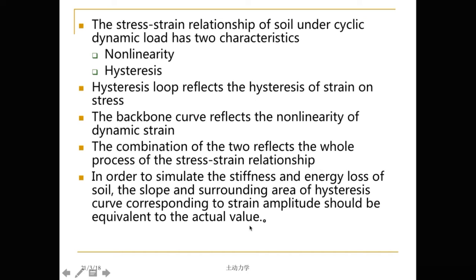Now, if we create a relationship between the stress and the strain, and because we have an unloading branch and a reloading branch, creating a loop, the area inside the loop represents the energy loss in one cycle of this cyclic load, and the amplitude of the area depends on the amplitude of strain.